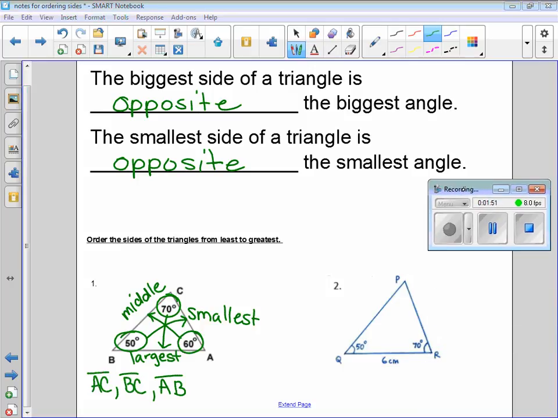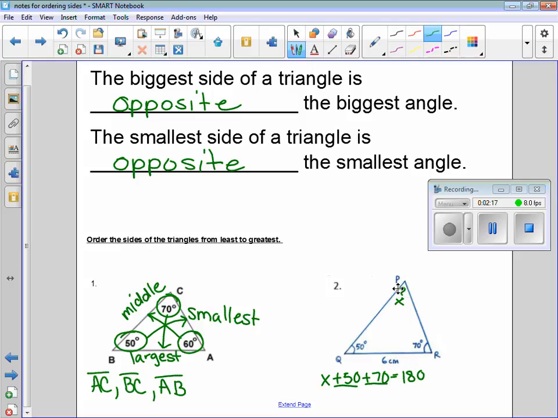Looking at example number 2, we see that we only have 2 angles, angle Q and angle R. Angle P isn't given, but we know that the angles of a triangle should add up to 180 degrees. So we are going to put X in its place and do X plus 50 plus 70 equals 180.